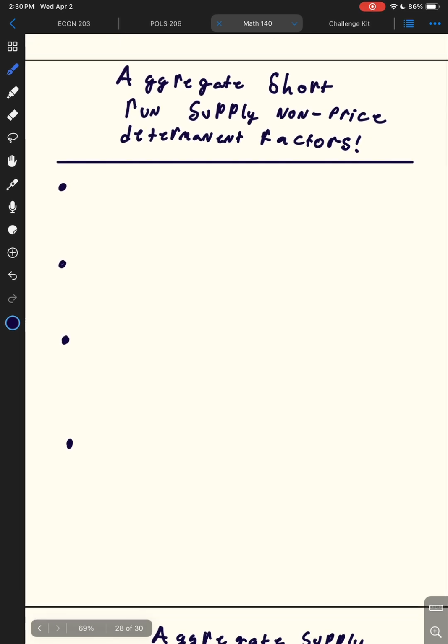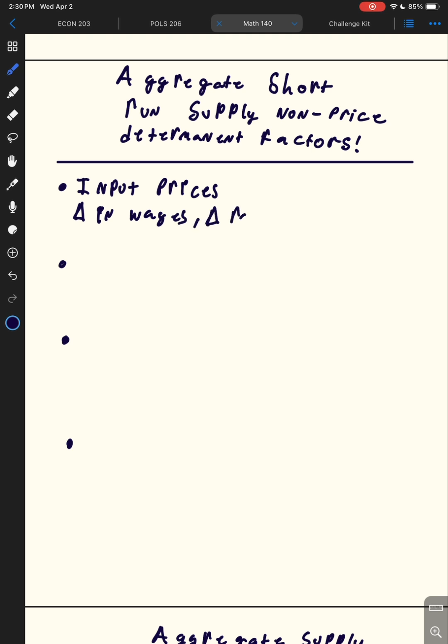Now moving on to aggregate short-run supply non-price determinant factors. Our very first one is going to be input prices. Think of like changes in wages or changes in raw materials. Next up, we have technology.